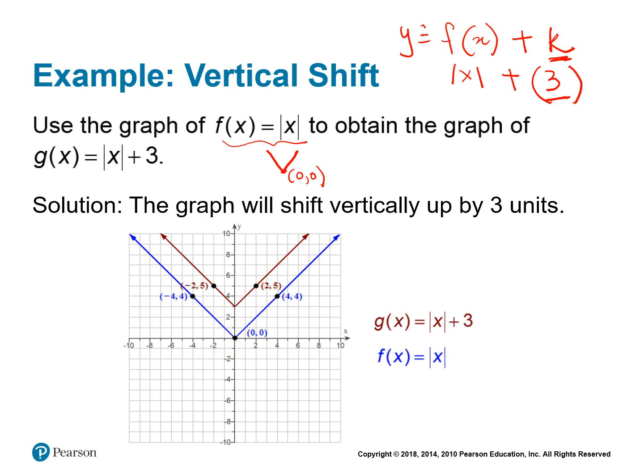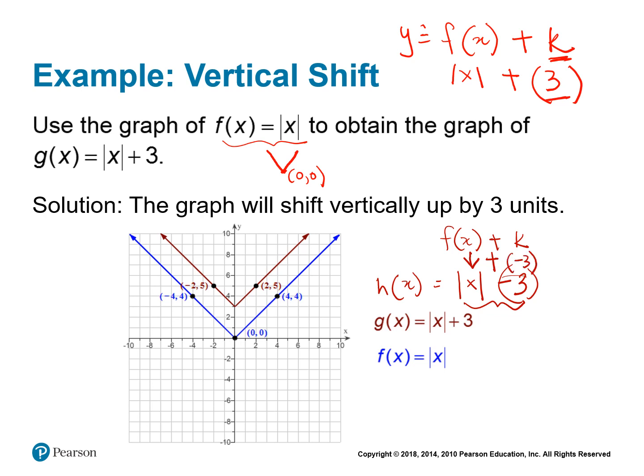If they gave us a transformed function, let's say h of x equals absolute value of x minus 3, that means k is minus 3, because the original function is f of x plus k. If we rewrite this in the generic form, f of x is absolute value of x, then a plus, then the k is minus 3.